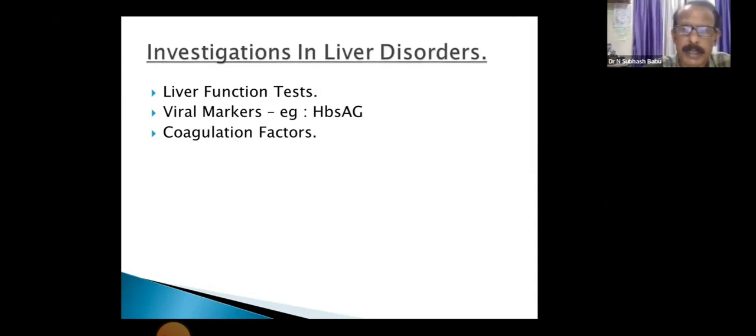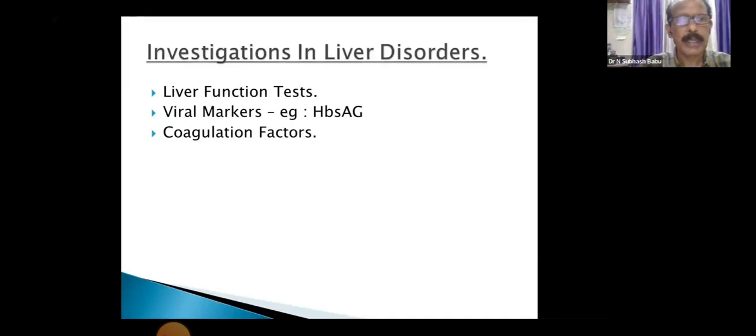So total serum bilirubin is normally 0.8 to 1 or 1.2. Then how much the direct bilirubin is, how much the indirect bilirubin is. So basically, it is the excretory fragment of the liver function. If it is elevated, we can say hyperbilirubinemia. This hyperbilirubinemia can be congenital or non-congenital.